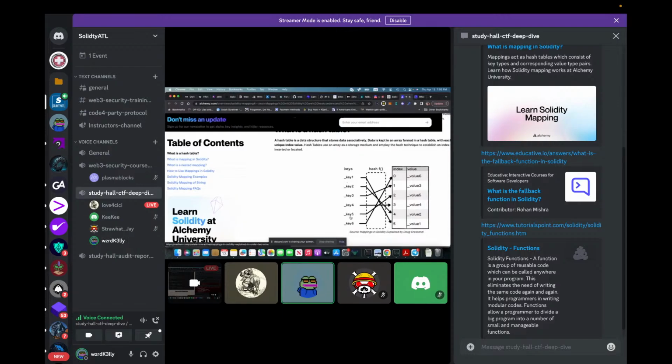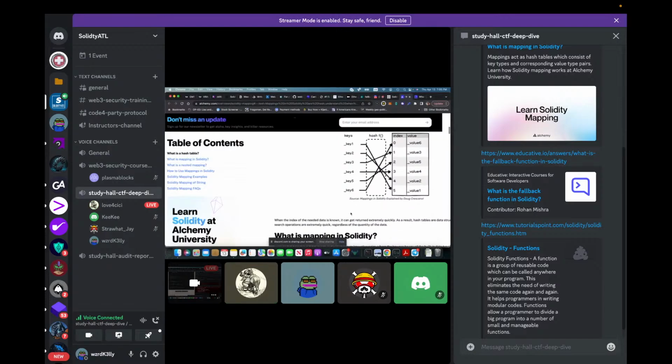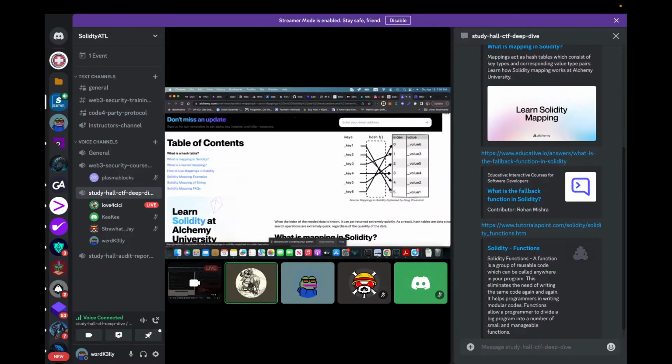Basically, let's say your address is the key, and then the value is going to be whatever value has been set there. It's just a way to record some data at some index.